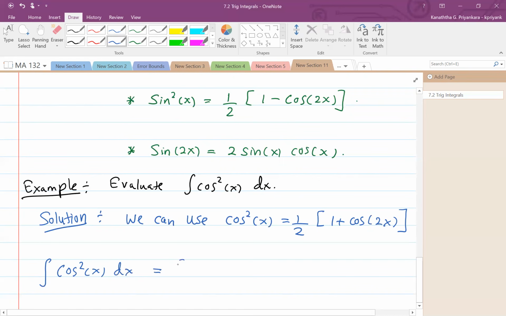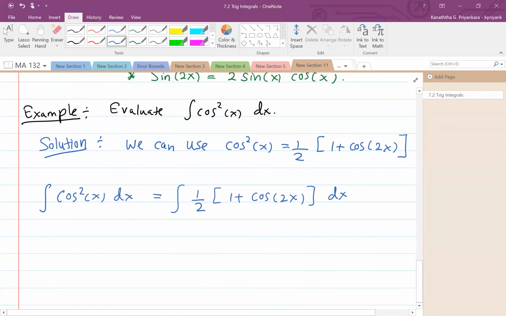We can write this as the integral of 1/2 times 1 plus cosine 2x dx. We can bring the 1/2 to the front because it is a constant. So we can write this as 1/2 times the integral of 1 plus cosine 2x dx.